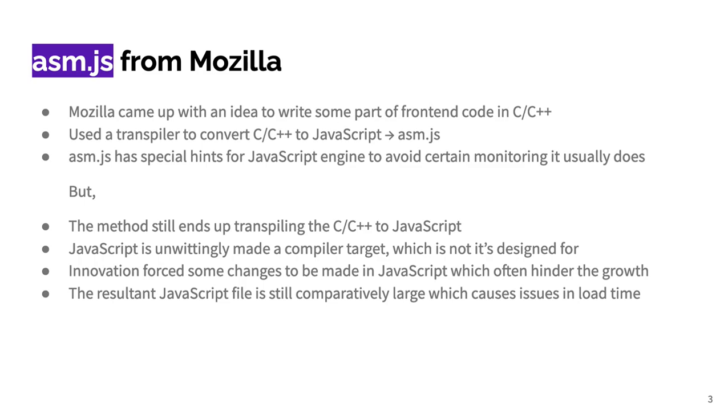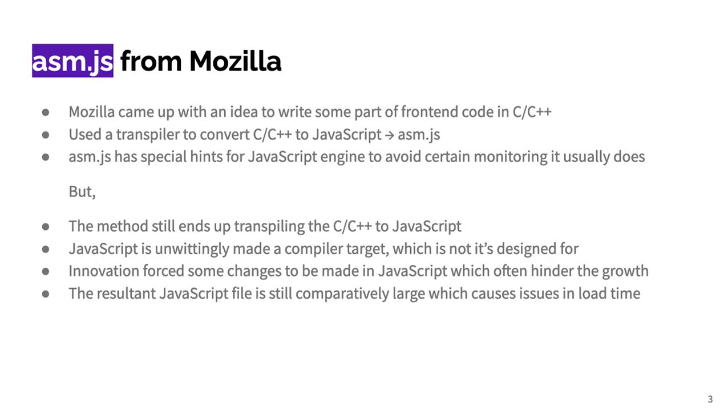So the JavaScript engine needs to keep monitoring those variables to make sure it does its job right. This is a costly operation. Keeping an eye on all those variables is a daunting task. If we can avoid that, at least in certain cases, you can achieve some level of performance improvement, and that's exactly what asm.js is doing. Asm.js has special hints telling the JavaScript engine that it doesn't need to keep monitoring these variables and so forth.